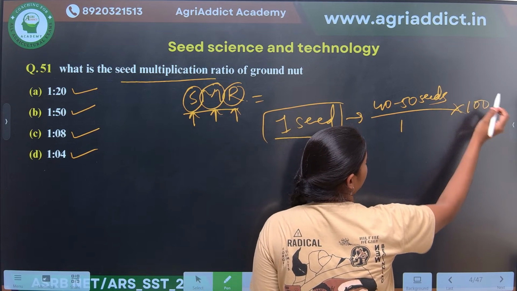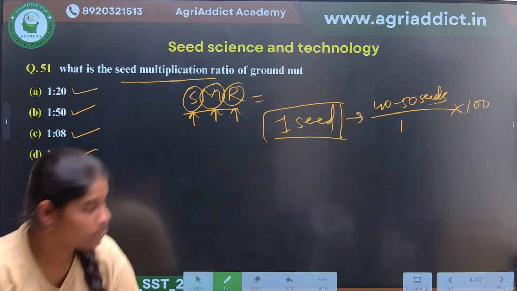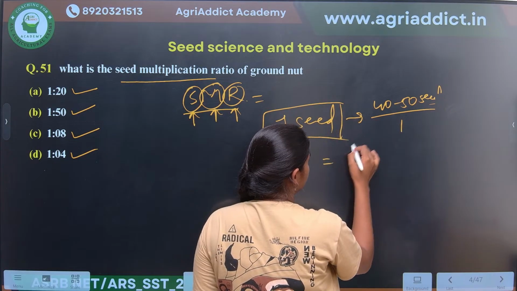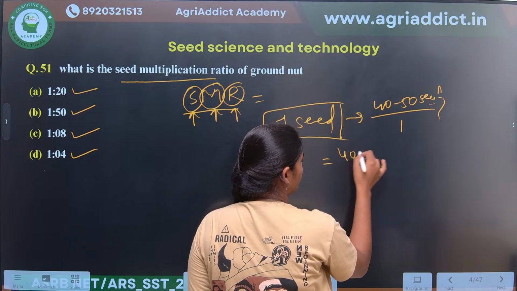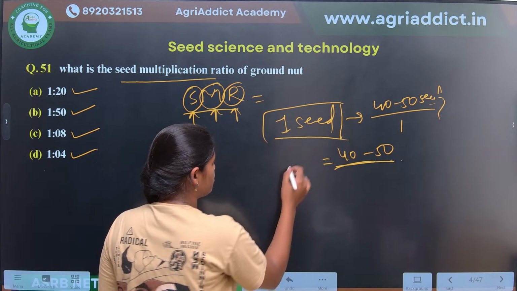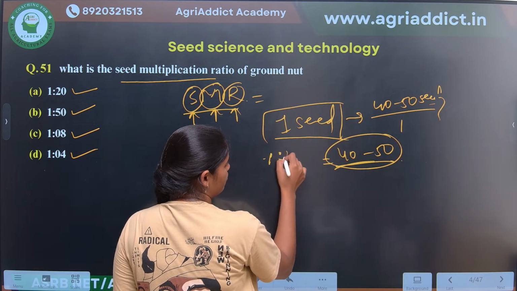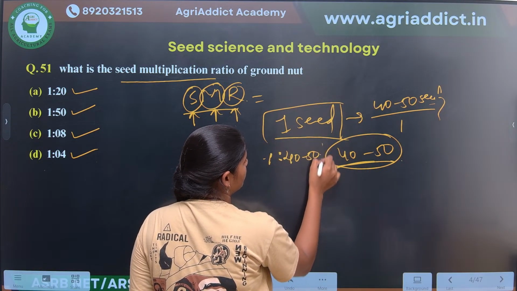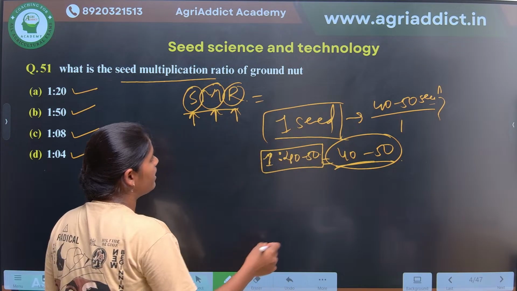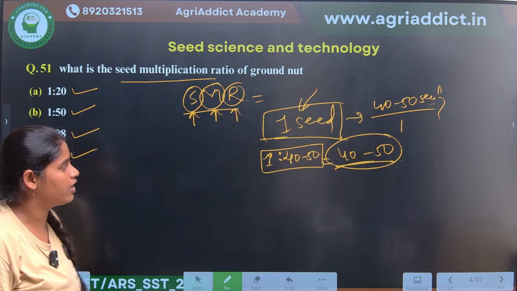Ratio means you just divide it, so the seed multiplication ratio for that particular crop is 1:40 to 50. So once you sow a seed, how many seeds you harvested from that seed is the seed multiplication ratio.